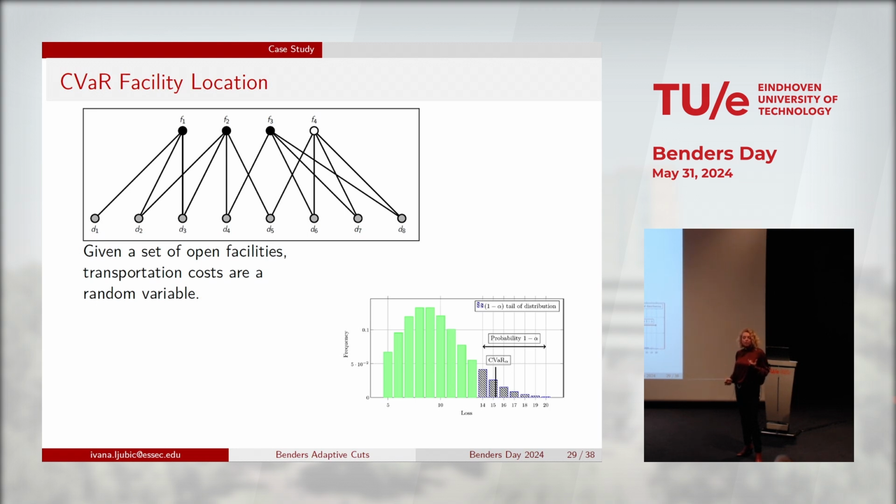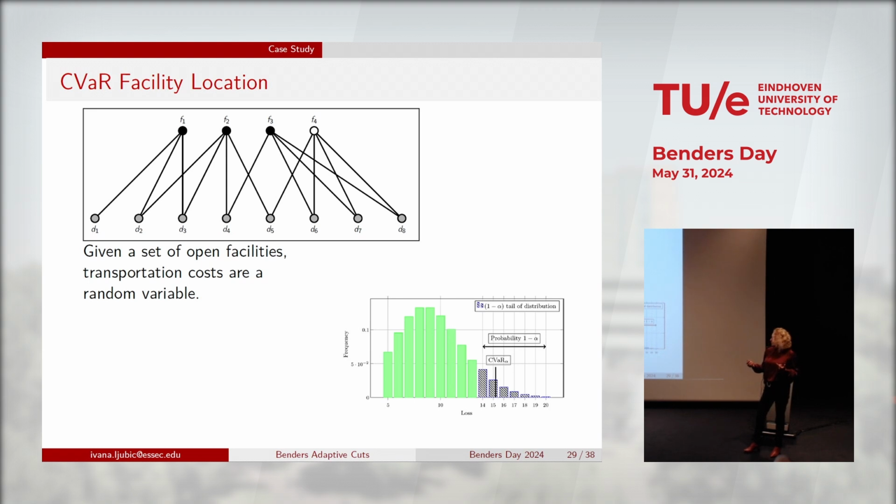So these allocation costs will be a random variable on its own. And now if we try to represent using a histogram the costs of this allocation for different scenarios while keeping my decision of open facilities like this, then we will get this histogram here, which means the cost can be 20, 19, and so on.